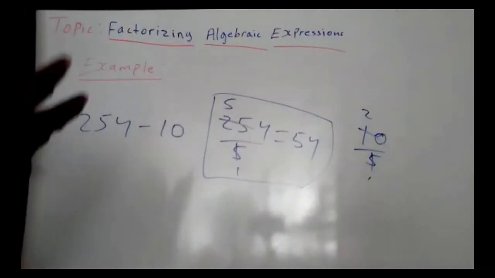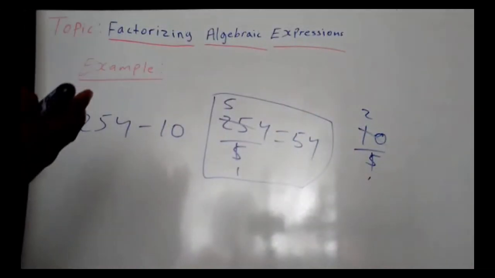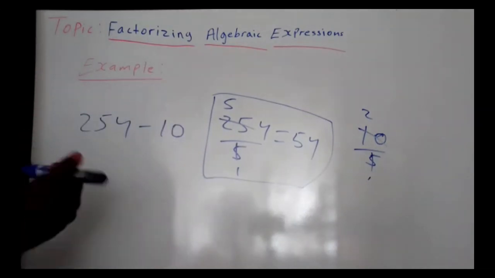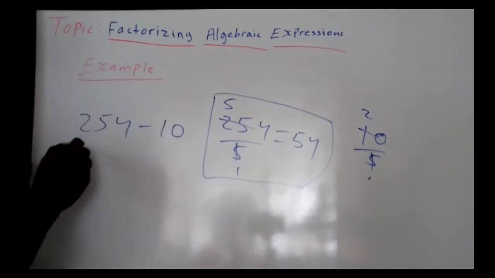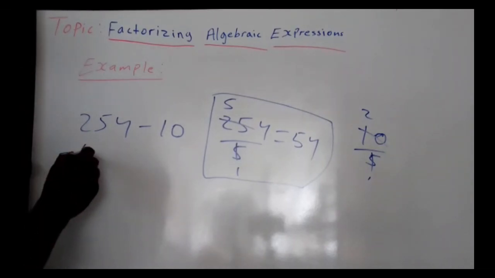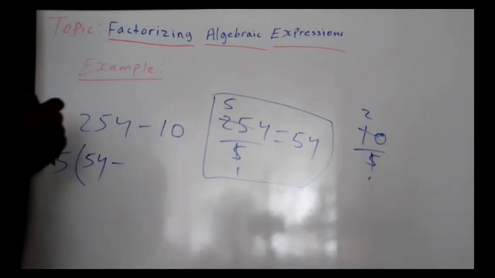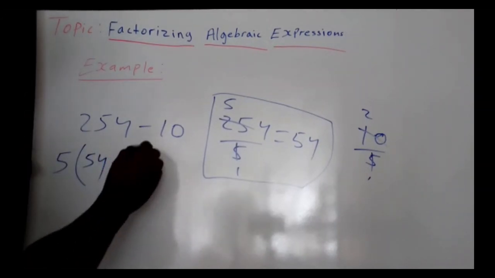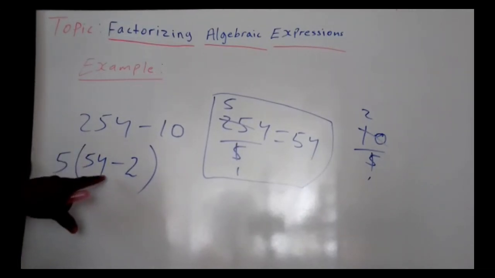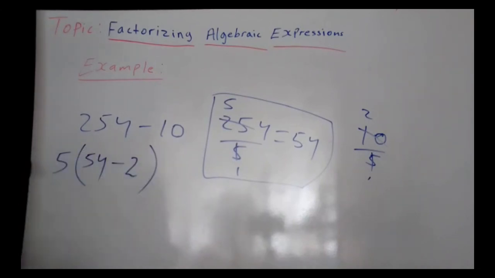Since we know that 5 is common between these two numbers, I can write 5 here, open bracket, 5 into 25 goes 5 times, and we have a y, minus 5 into 10 goes 2 times. Therefore, our answer is 5, open bracket, 5y minus 2, close bracket.